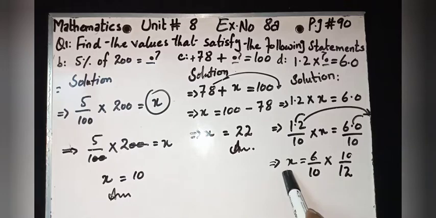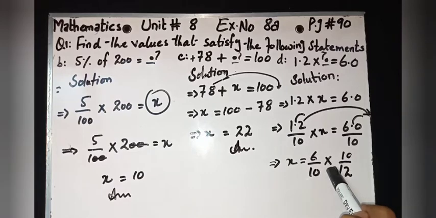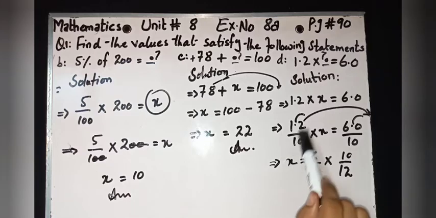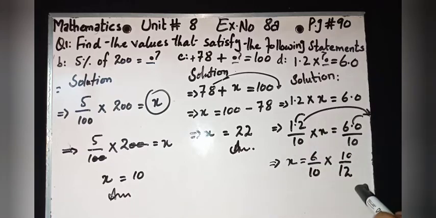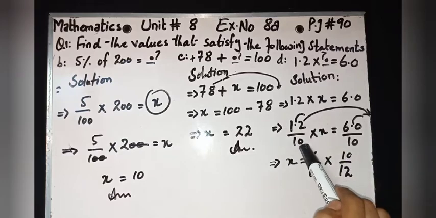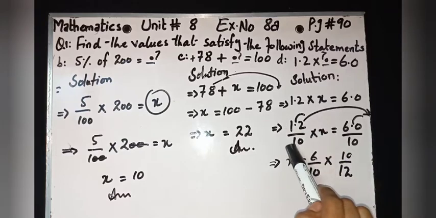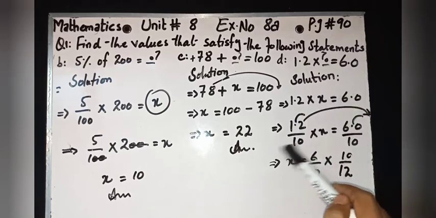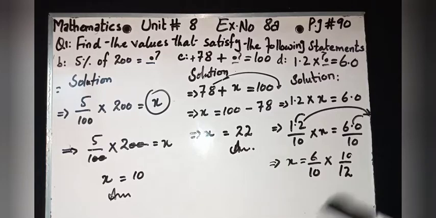x as it is copy, equal sign as it is copy, 60 upon 10 as it is copy, multiply by this part. 12 upon 10, inverse it, 10 upon 12. Okay, it means over here it's divide, fraction form shows it's divide, change into multiply, direct method reciprocal.